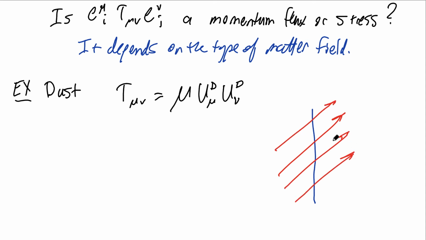They're carrying momentum, so there's a momentum flux across this surface, but the dust particles don't interact at all, so they don't exert any forces on each other. So there are no forces involved here. In particular, the dust on the left side of this surface can't and doesn't exert any force on the dust on the right side of this surface. So this is an example in which the ij components are purely momentum flux.